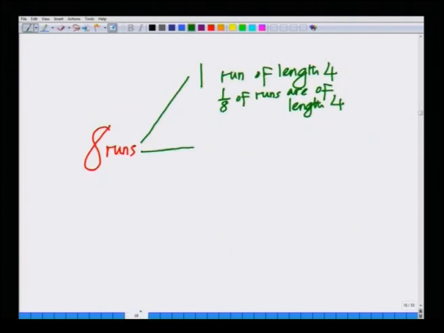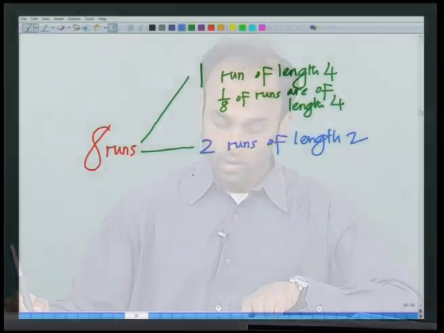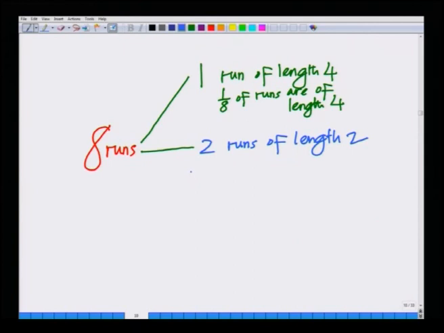So, there are 2 runs of length 2, which means out of the 8 runs, 2 runs are of length 2, which means 1/4 of all runs are of length 2.